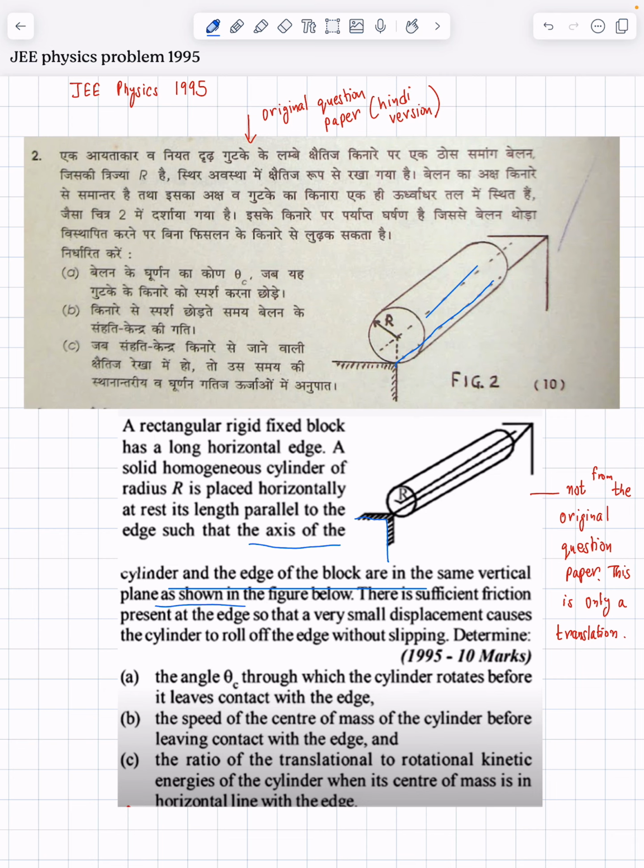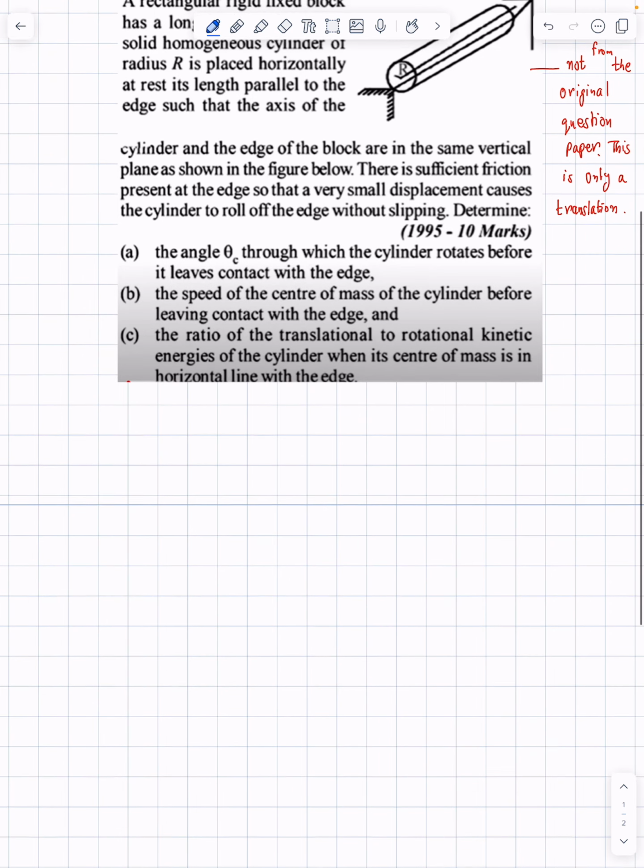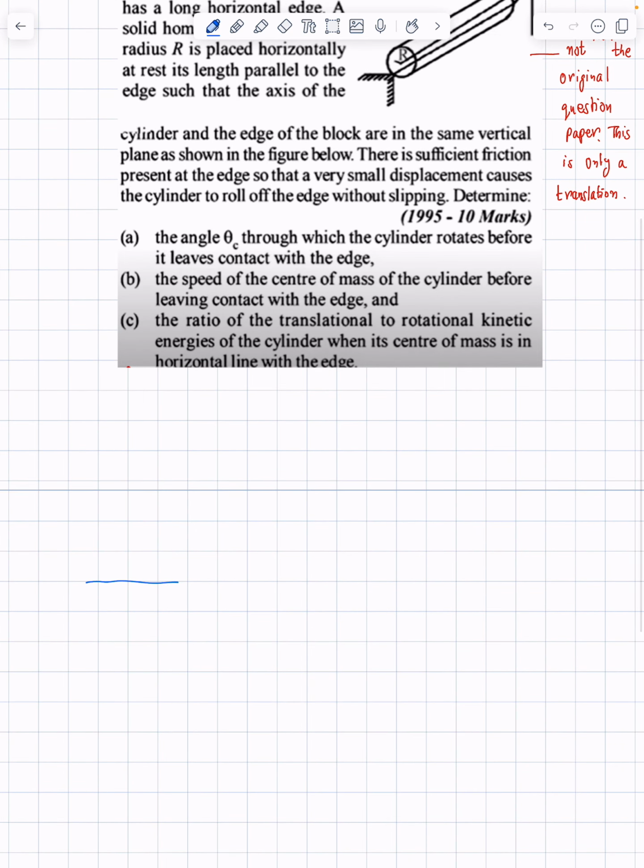So let's try doing this part. What we can do first is draw this picture as seen from the side view. So this is the rigid block, and this is what it looks like initially.